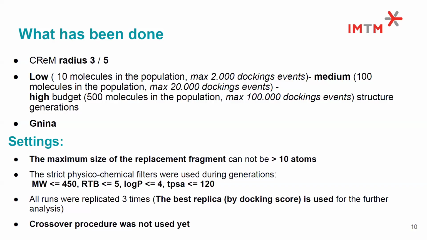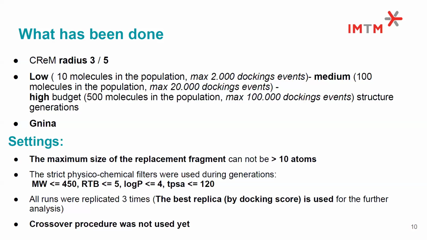And the opposite, for example for radius 3, a little bit smaller than the 5 context, usually returns a much larger number of new molecules, but they're sometimes not easily synthetically accessible. We also ran 3 types of scenario: low, medium, and high budget.